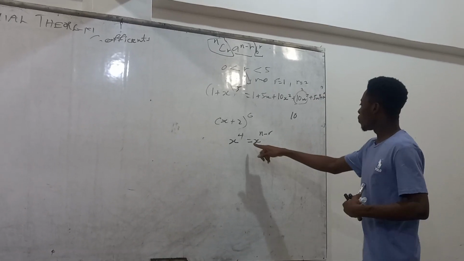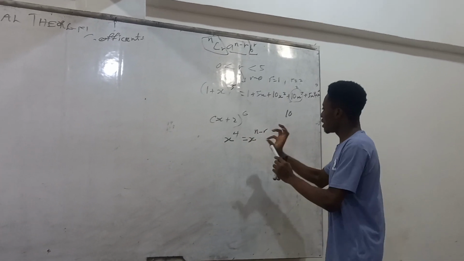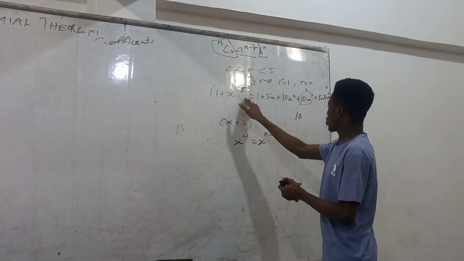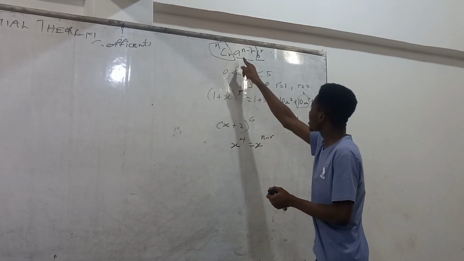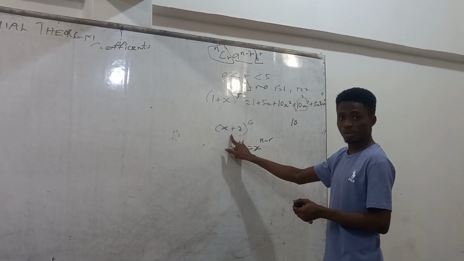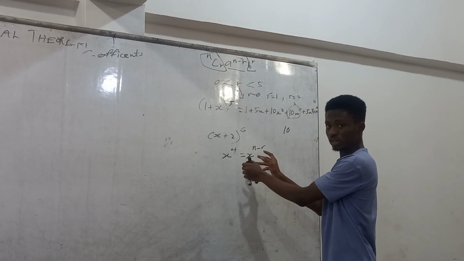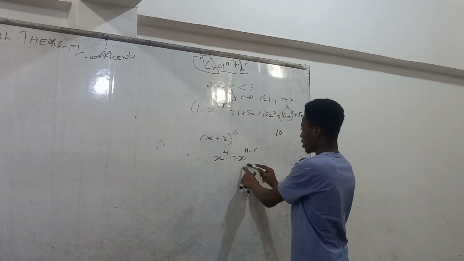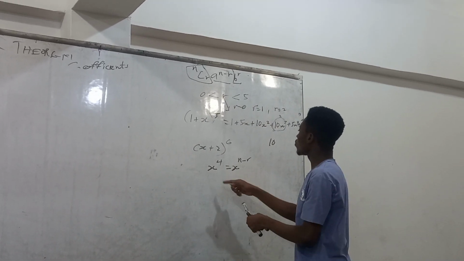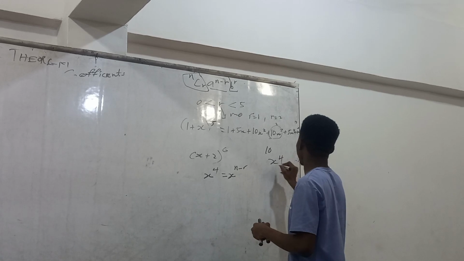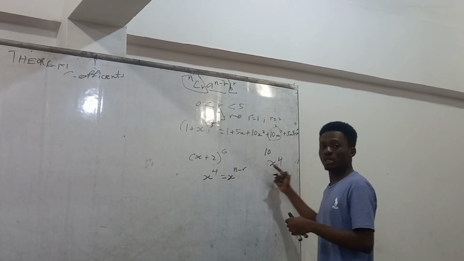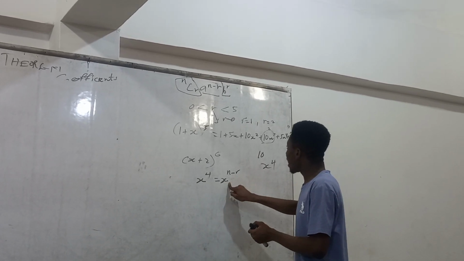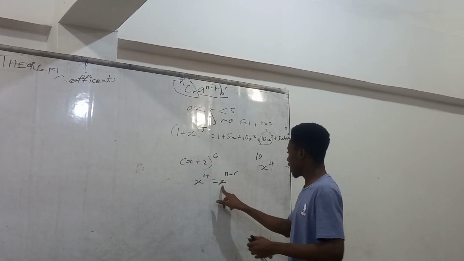So the x is now at the a's portion of the binomial. They are telling us to find the coefficient of x to the power 4, so we can replace the a by the x in the formula.